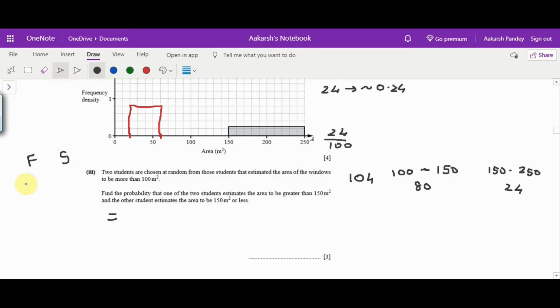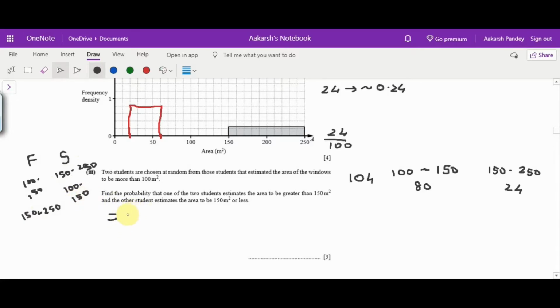So my first student can be between 100 to 150, and the second student can be of the group 150 to 250, or it can be the other way, which means the first student is of the 150 to 250 range and the second student is of 100 to 150.